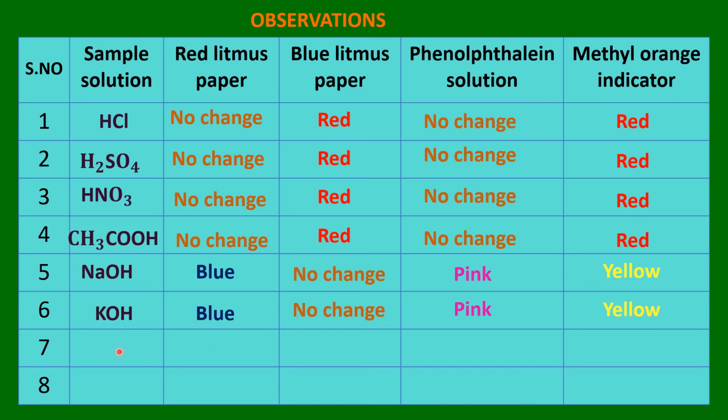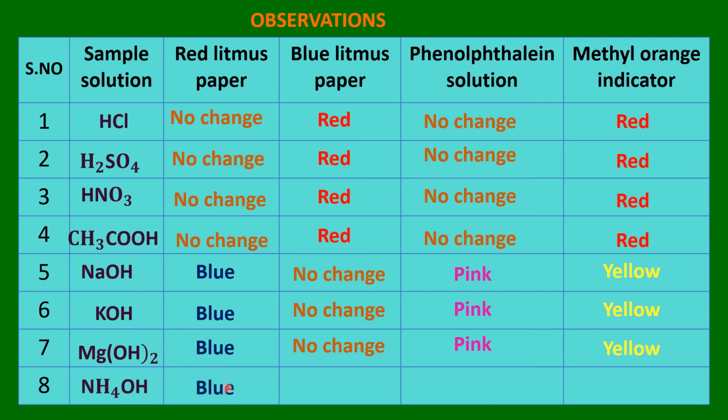The next solution was magnesium hydroxide, and with red litmus, it turned to blue color, and with blue litmus, no change. With phenolphthalein indicator, it turned to pink. With methyl orange indicator, the solution turned to yellow color. The last sample solution which we observed was ammonium hydroxide. So here also the same thing happened as with the sodium hydroxide, potassium hydroxide, and magnesium hydroxide.